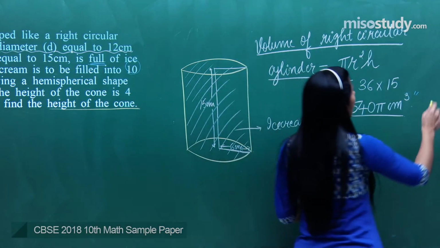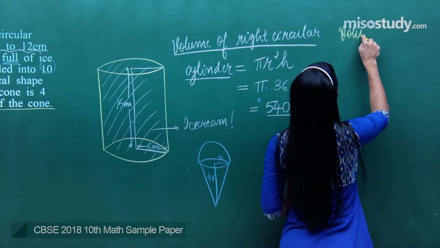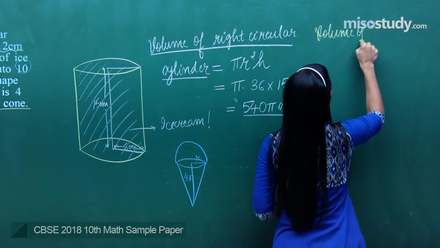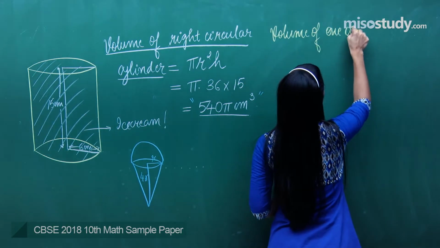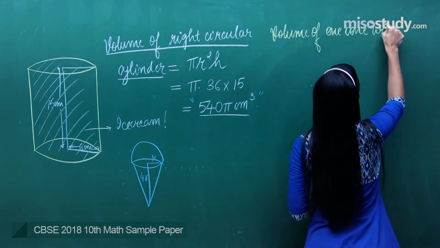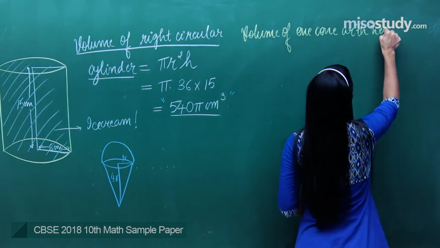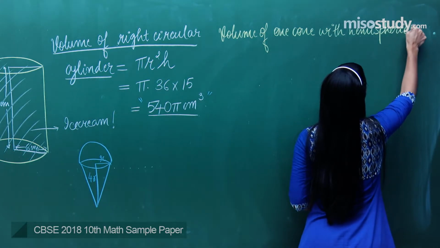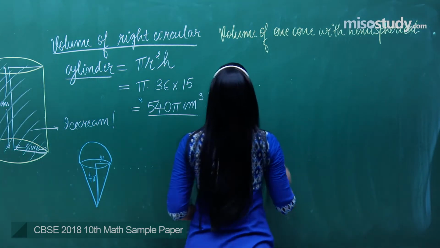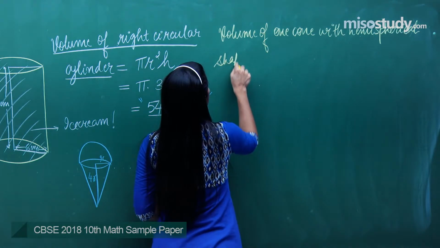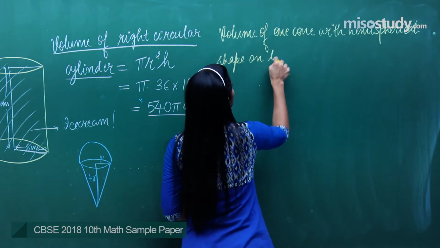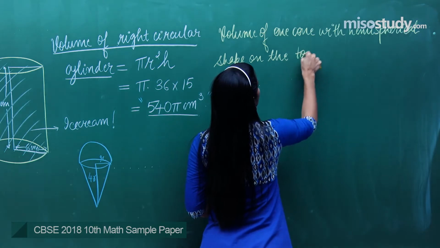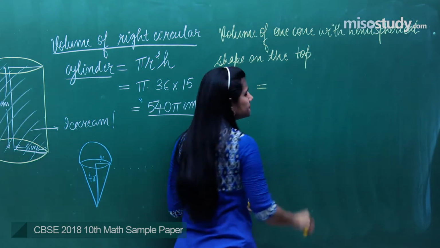And therefore, the volume of one cone with a hemispherical shape on the top is what?